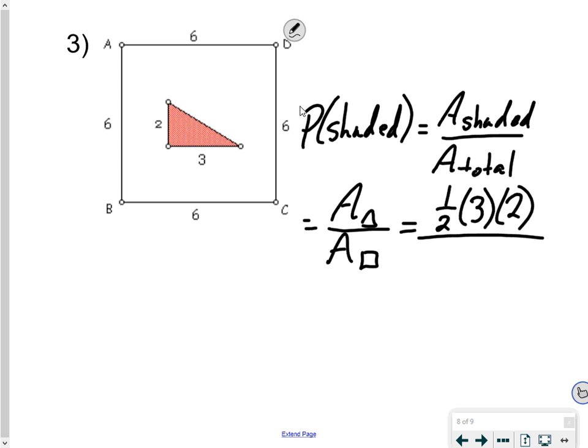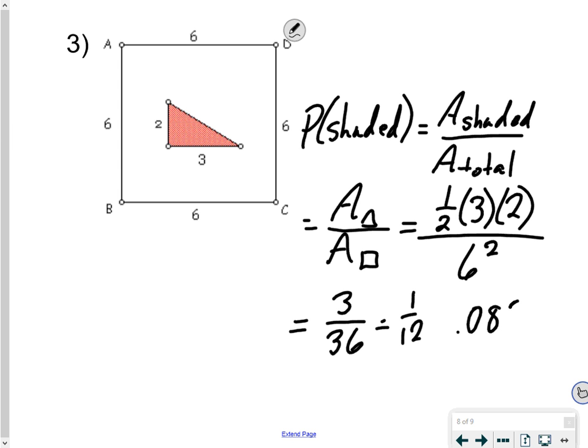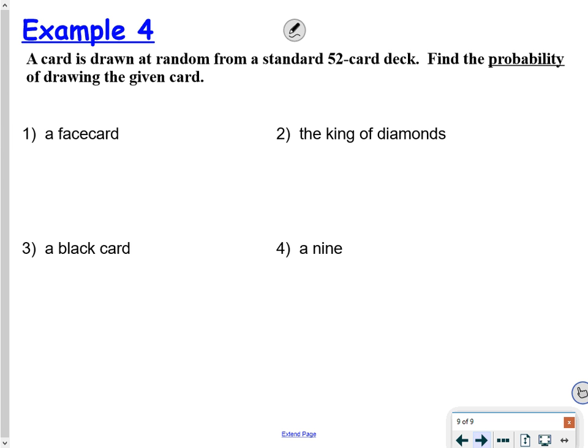And then for our square, that's side length squared. And let's just simplify. Okay, 3 times 2 is 6. 1/2 of that would be 3. 6 squared is 36. Simplify this and we get 1/12. Okay, and then if we type that into our calculator, we get 0.083, or 8.3%.